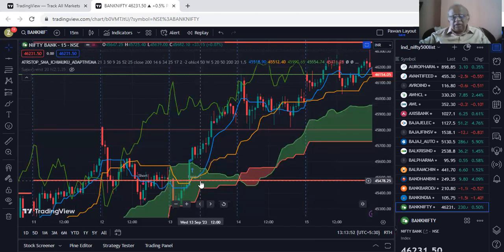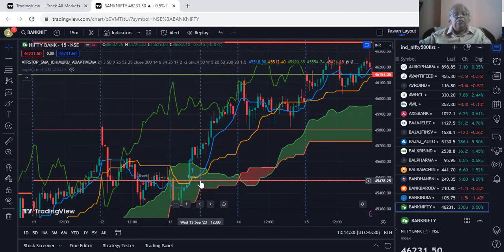I'm just repeating. Whenever the Tenkan-sen-Kijun-sen crossover is seen within the cloud, one should wait until at least Tenkan-sen crosses the cloud top, and that particular candle should be taken into consideration for determining the trigger price or for any calculation.